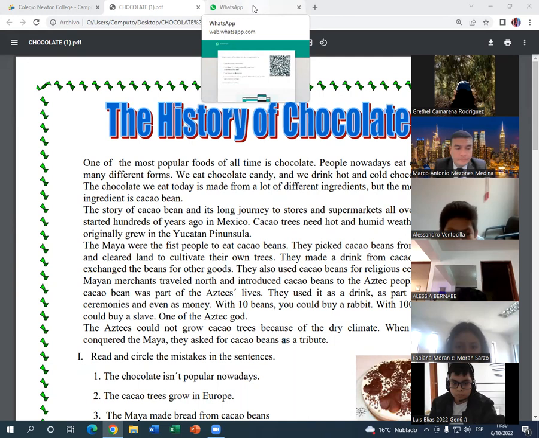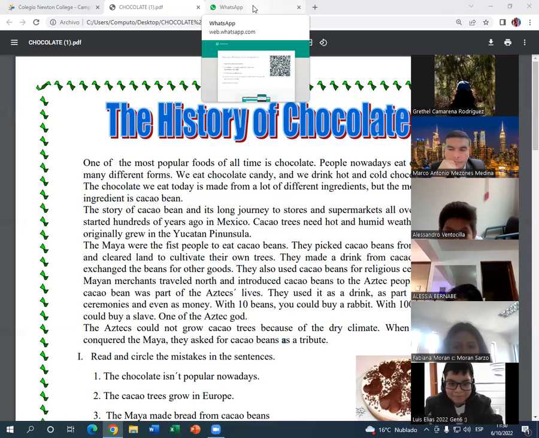Mayan merchants traveled north and introduced cacao beans to the Aztec people. Soon the cacao bean was part of the Aztecs' lives. They used it as a drink, in religious ceremonies, and even as money.